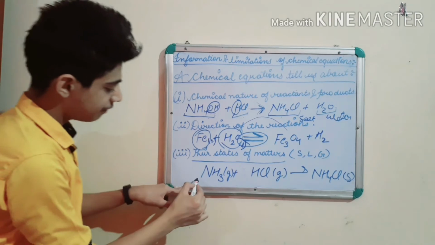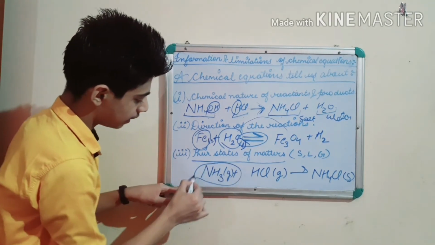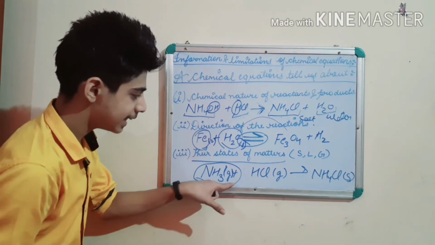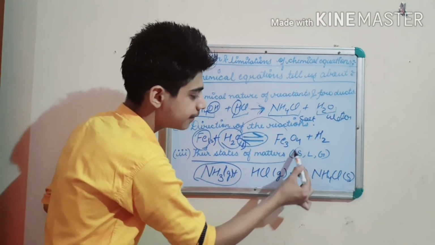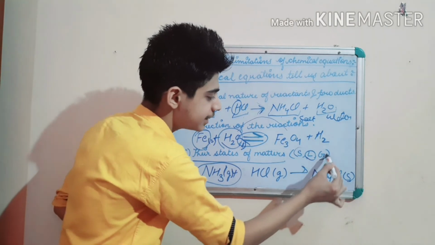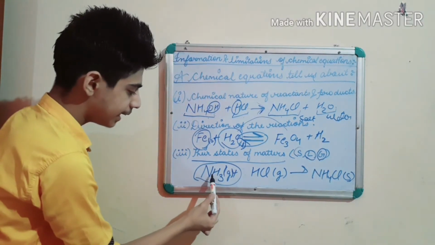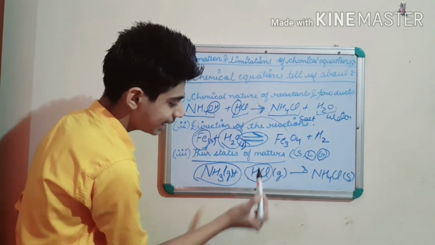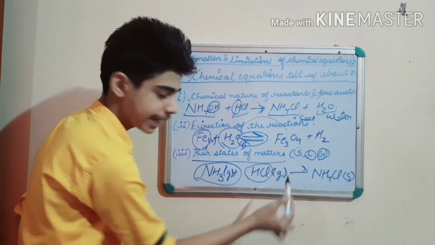So I have taken an example to make it clear what states of matter are. See, here we have taken ammonia in gaseous state. G shows gas, S shows solid, L shows liquid. So we have taken NH3 in gaseous state plus HCl, hydrogen chloride gas, because G is mentioned, meaning gaseous state.